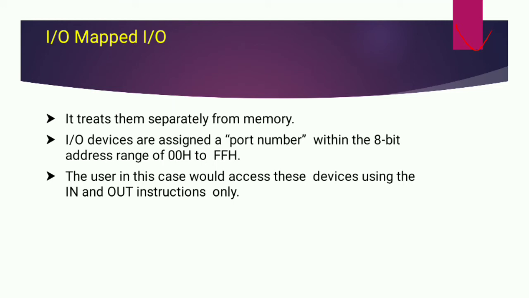So the microprocessor must issue a signal to distinguish whether the address on the address bus is for a memory location or an I/O device. The processor can treat a device either as a memory device or as an I/O device.